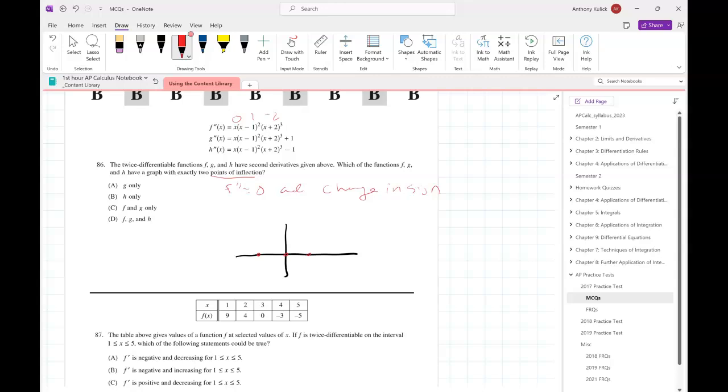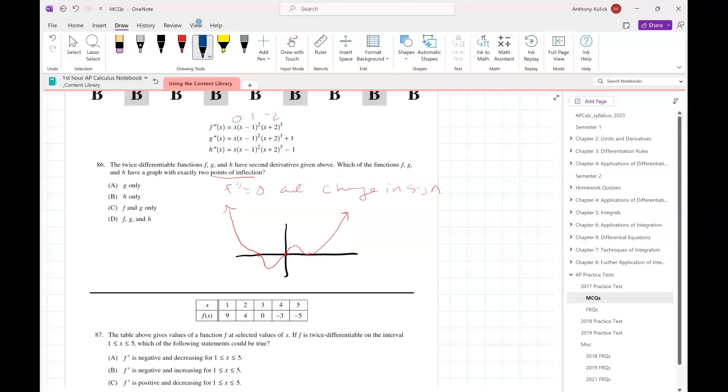So I know the ends are going to look like that. The multiplicity for -2 is 3, so it's going to come through as a bend. The multiplicity on 0 is 1, so it's just going to go straight through. And then the multiplicity on 1 is 2, so it's going to bounce.